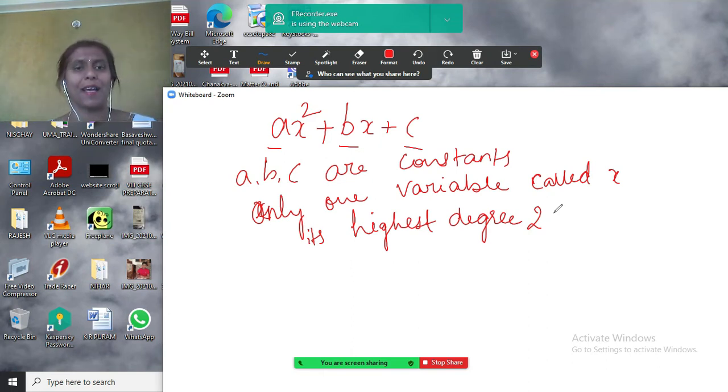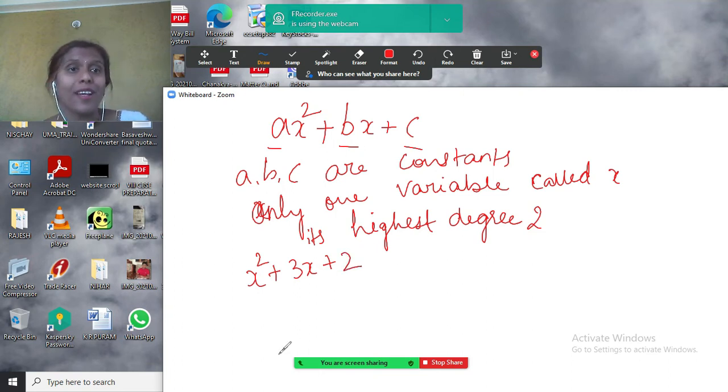Let me give you some examples. x squared plus 3x plus 2. Now tell me, what are the values of a, b, and c? Don't you think this equation x squared plus 3x plus 2 looks like x squared plus bx plus c? Yes.